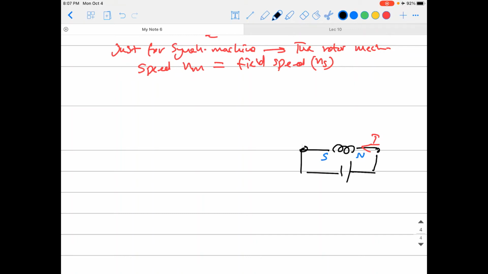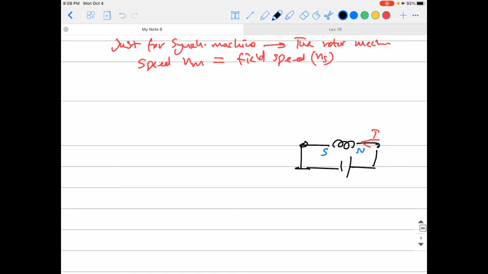So the magnetic field coming from this DC voltage, B, the magnetic flux density, is constant in magnitude and fixed in polarity. The north will remain north and the south will remain south.